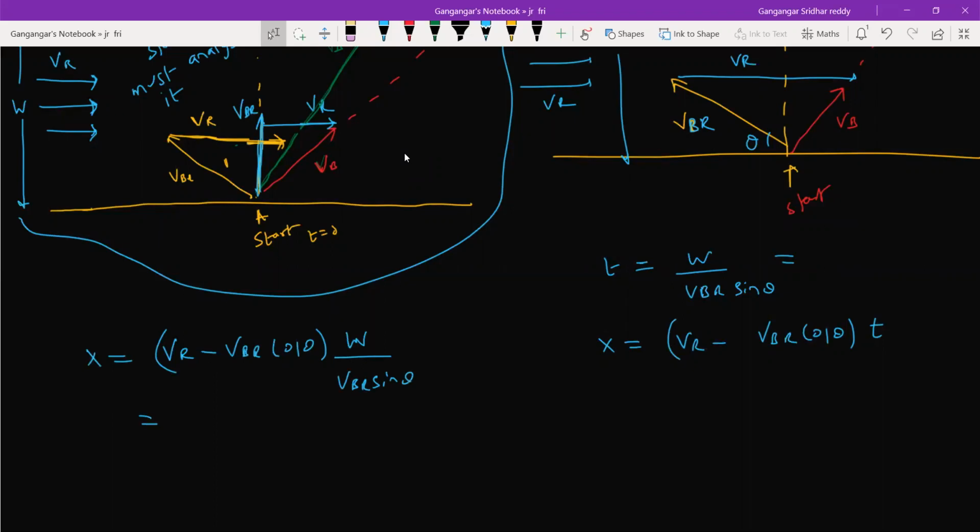Okay, some information: Vbr is equal to Vr by root 2. The data is given. The speed of the boat is available for us, so Vbr is Vr by root 2.